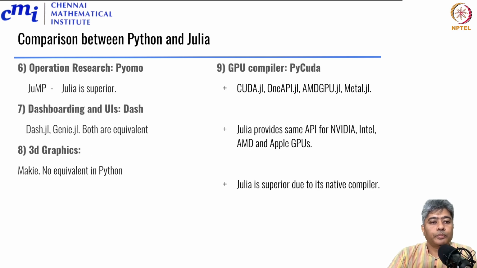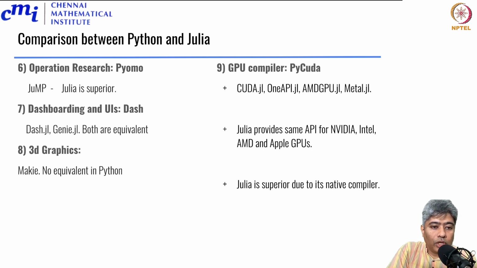If you want to implement operations research projects like optimization, PyOMO is the kind of Python package, but JuMP is the best. I think in Julia, JuMP is far superior to PyOMO.